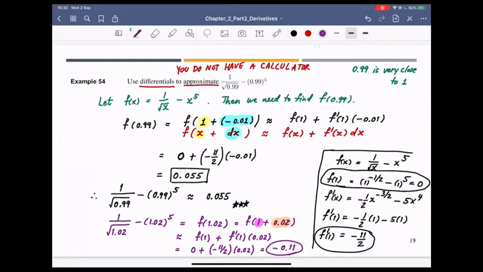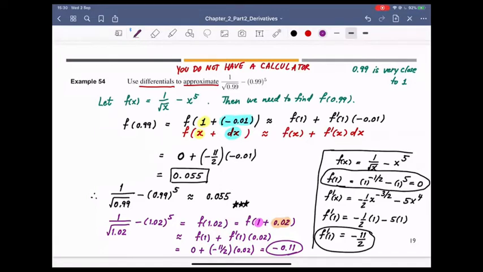Sounds good? The idea is you need to construct your function first, and after that you apply the approximation formula. That is the key point.